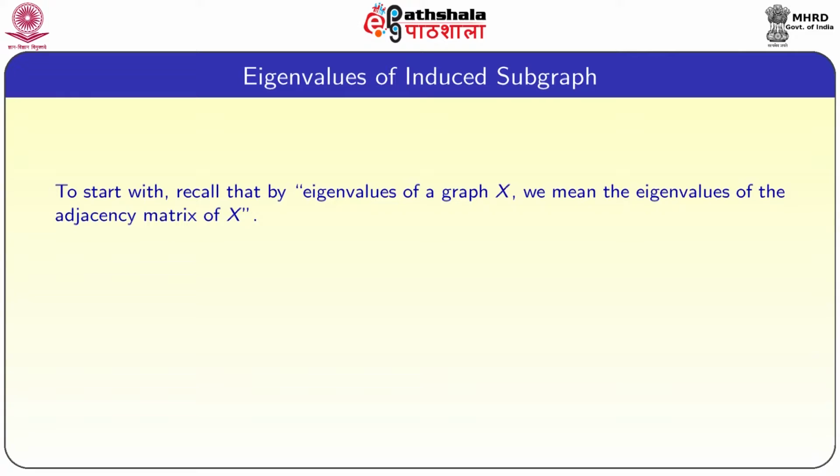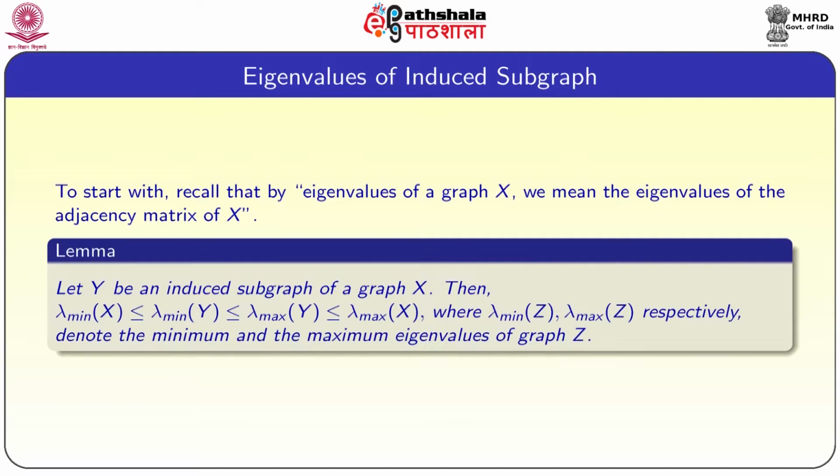To start with, recall that by eigenvalues of a graph, we mean the eigenvalues of the adjacency matrix of the graph X. The lemma is: let Y be an induced subgraph of a graph X. Recall what an induced subgraph is, which we defined earlier.